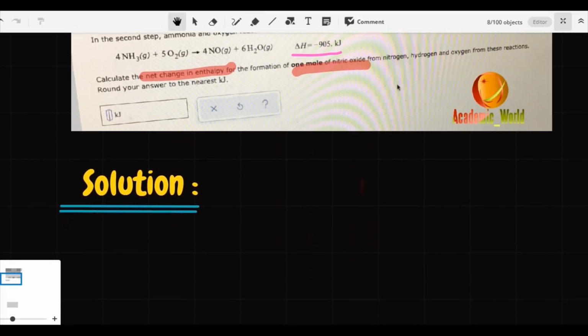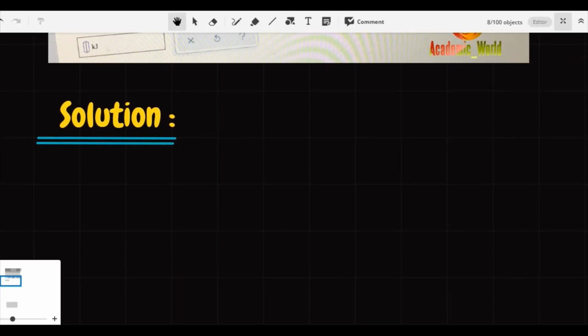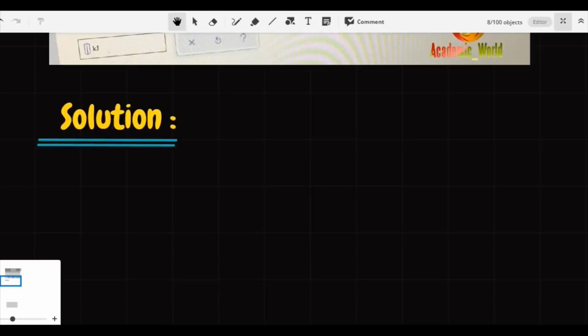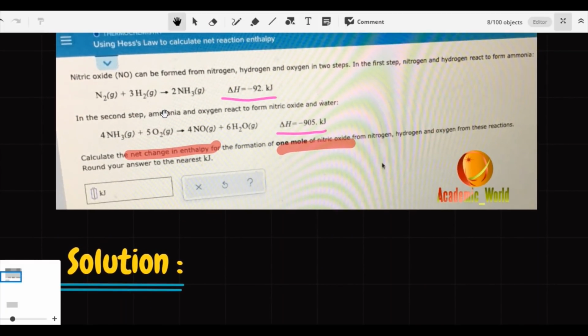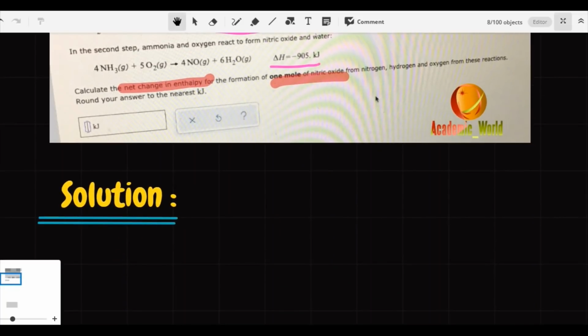So now, first of all, the equation of the net reaction can be found by adding up two copies of the equation from the first step and one copy of the equation from the second step, like so.